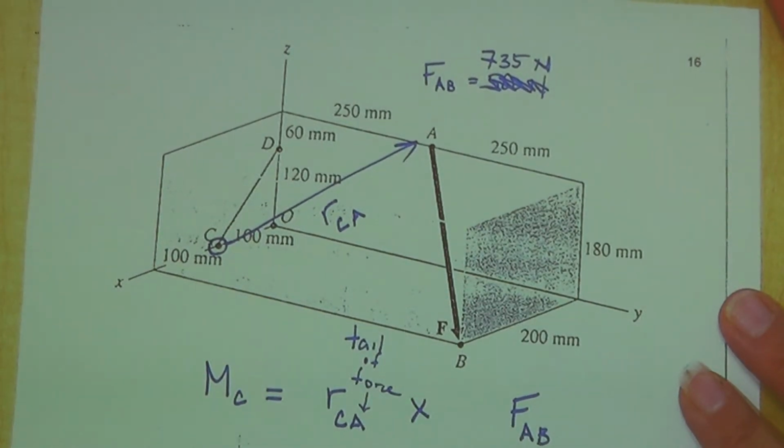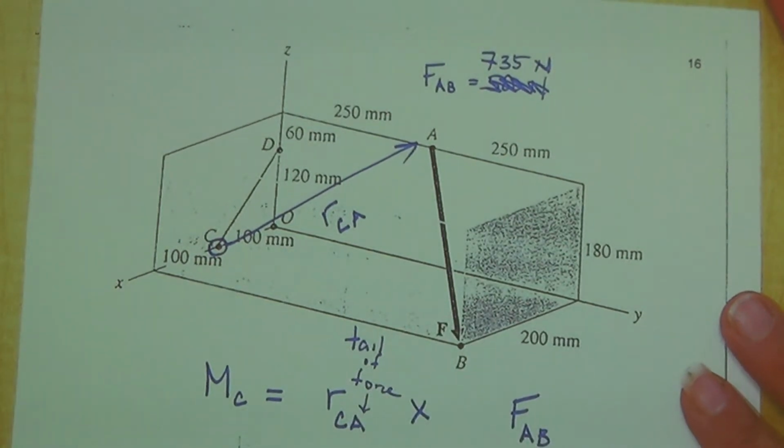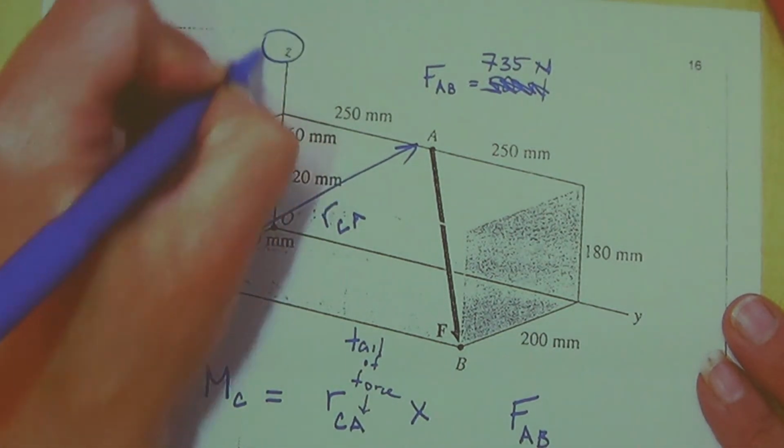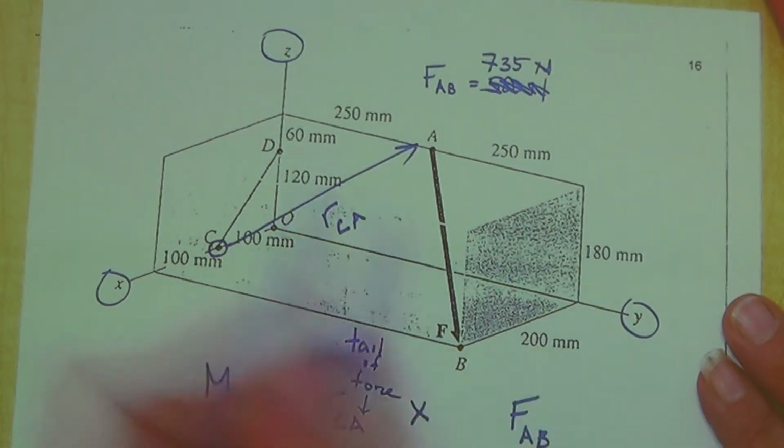So R_CA. R goes from point C to A, so what's the value that it's going in the x? You have to look at this in 3D, right? Pull out your parallel rule if you need help. Negative 100i, plus 250j, plus 180k. Take a look at the z-axis.